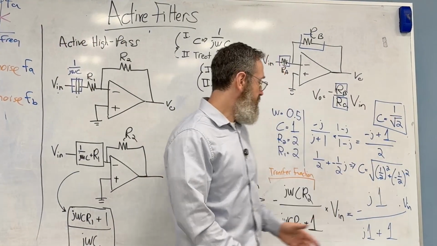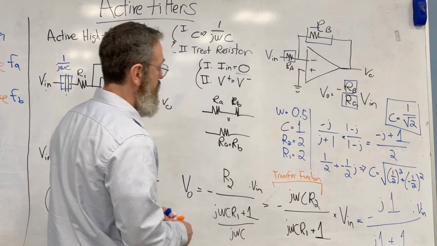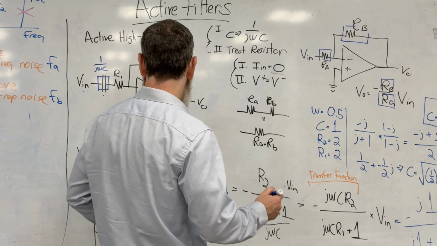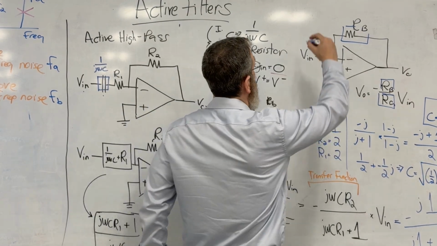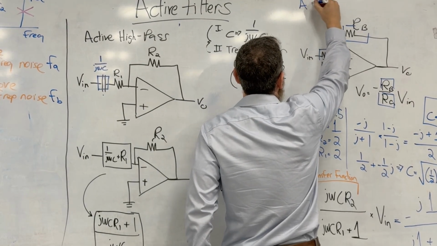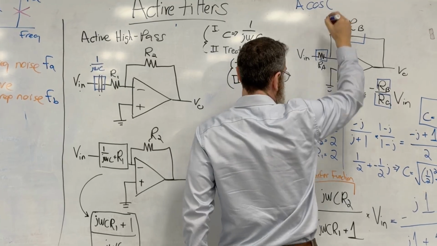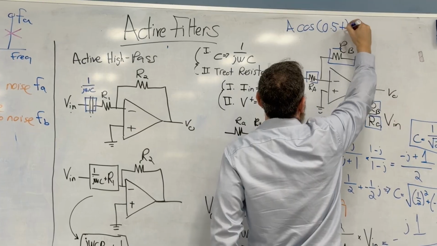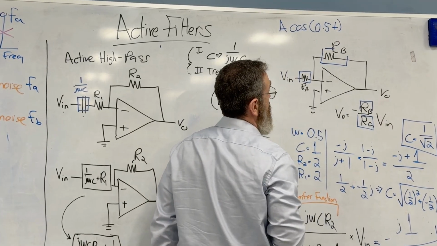Okay, so what this means is, for this specific example, to be very clear, we had a situation where the input was, we didn't specify what a was, a cosine of 0.5t.